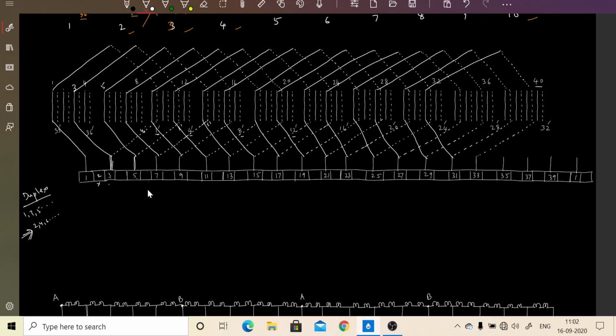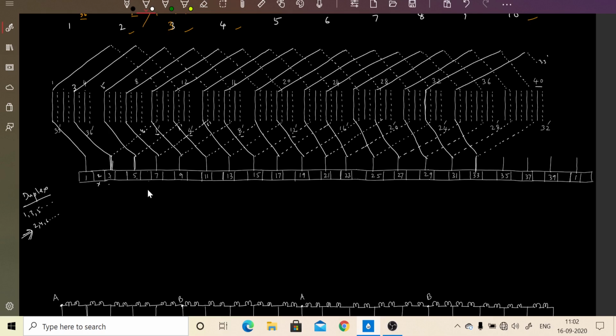So I have wound the 31st coil. This is the 31st coil, this is the 32nd coil. So the 31st coil has ended at the 33rd segment. Now the 33rd coil, this is 32 dash, so 33 dash is at the beginning, so this will go to 33 dash.